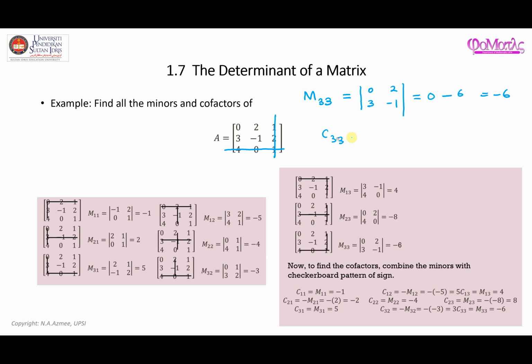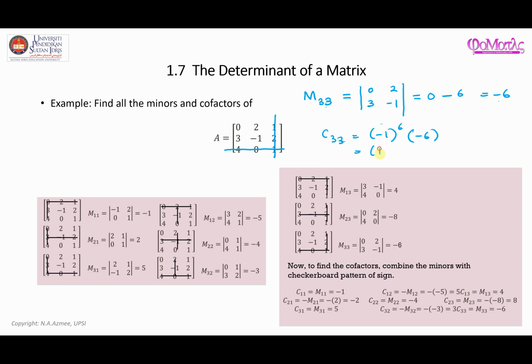Now C33 is going to be negative 1 to the power of 3 plus 3, which is 6. We put it at the top part here. And then M33 is negative 6. Just plug in the result that you got right next to the sign here. So negative 1 to the power of 6 is positive 1.